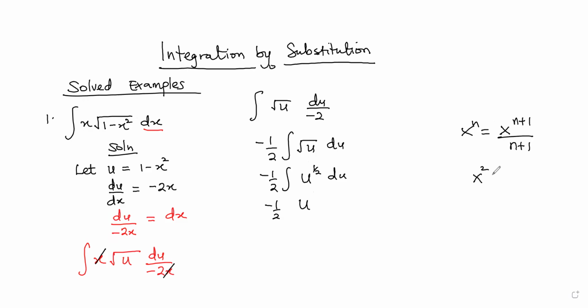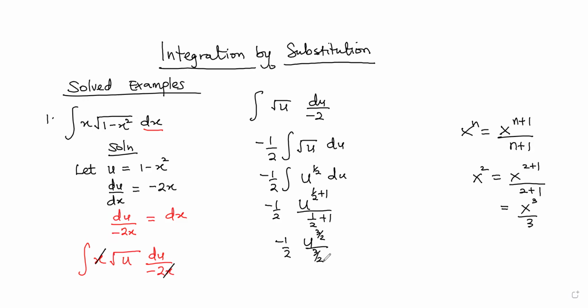So that when you have x squared, it's going to be x, the power plus 1, so 2 plus 1, over the same 2 plus 1, which gives you x cubed over 3. So this u raised to the power half is going to be half plus 1 divided by half plus 1. And half plus 1 is 3 on 2 divided by 3 on 2.